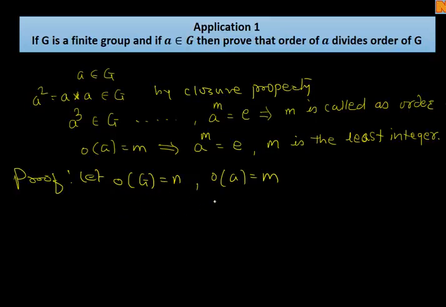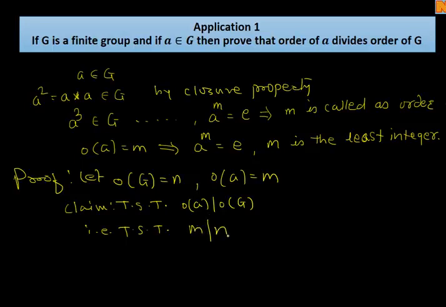In this application, we have to show that the order of A divides the order of G. So the claim is to prove that the order of A divides the order of G, that is, the order of A is m, so m divides n. This is our final target, to show that m divides n, right?